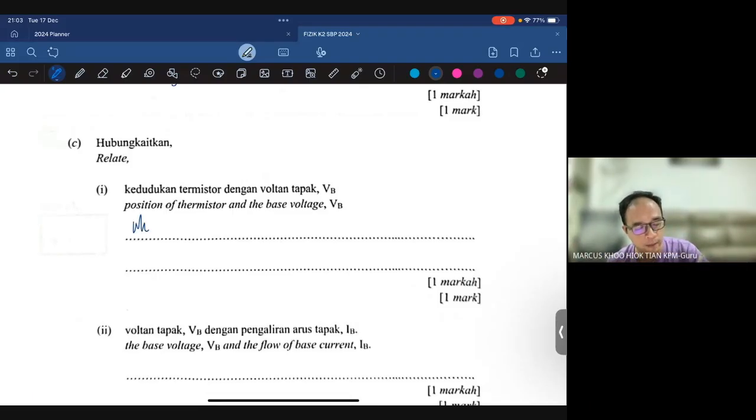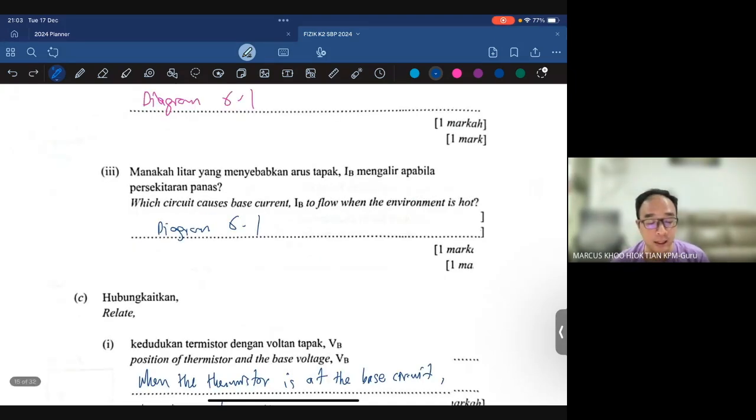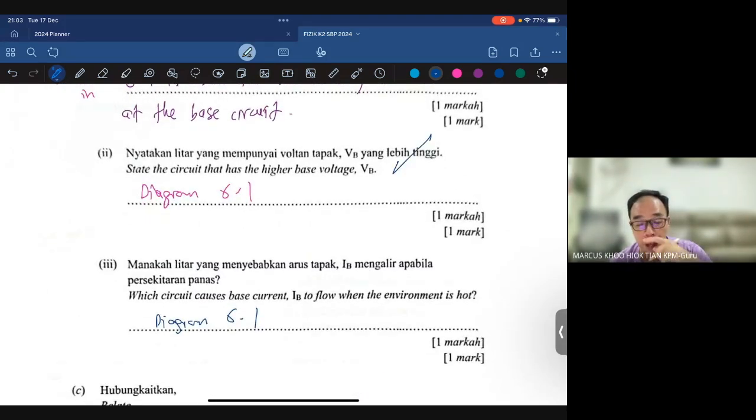So when the thermistor is at the base circuit, meaning the one at the bottom, the base voltage VB is high, because that's what we have over here.